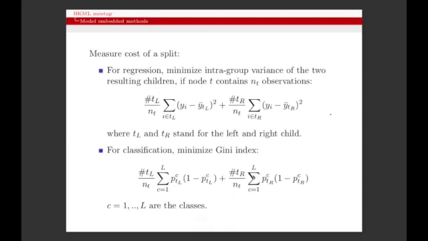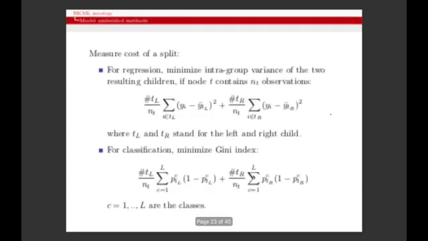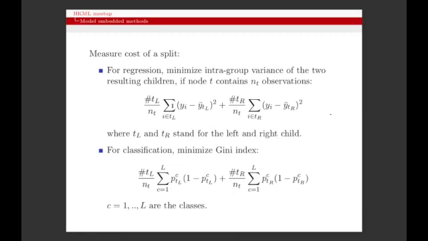So in order to find the best split on each node, we have to define the cost of the split. For regression, this is defined by the intra-group variance of the 2 resulting children.